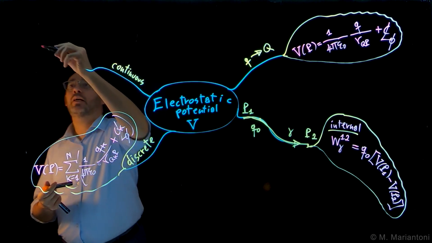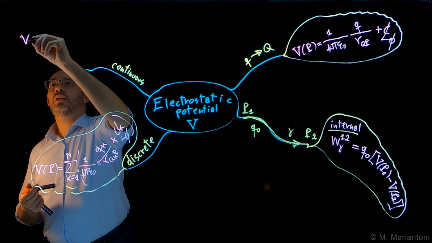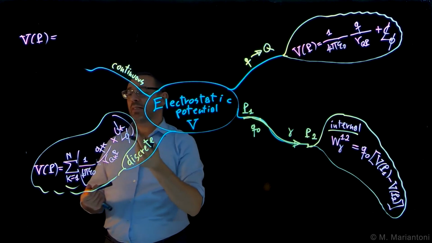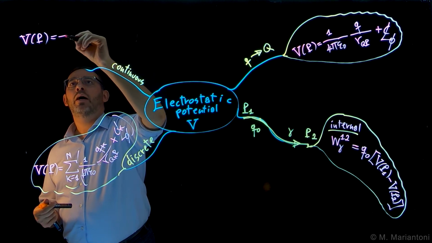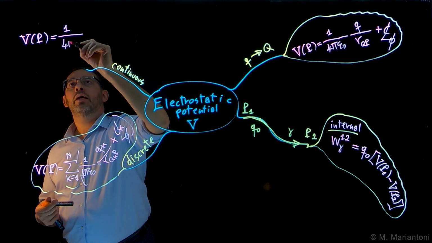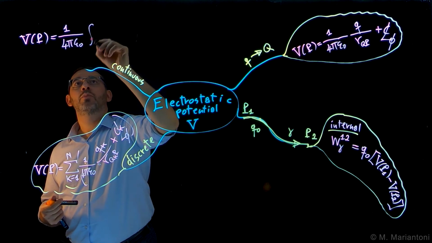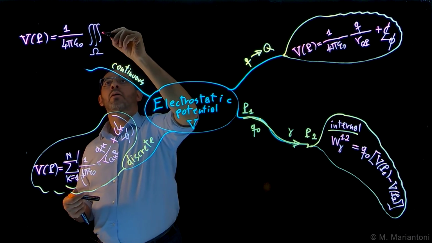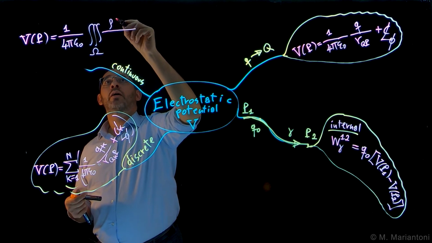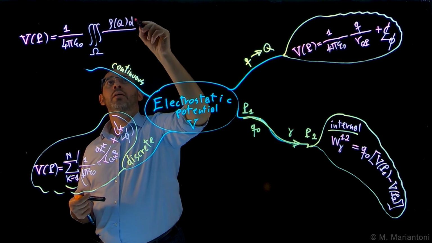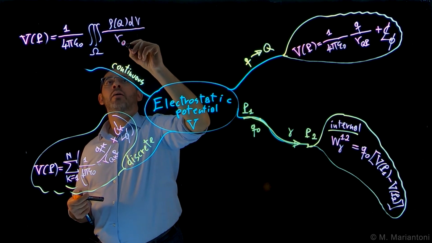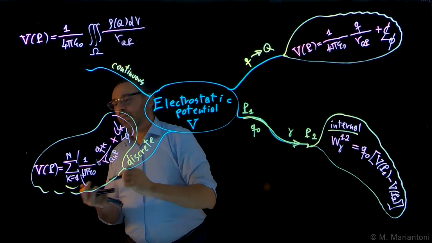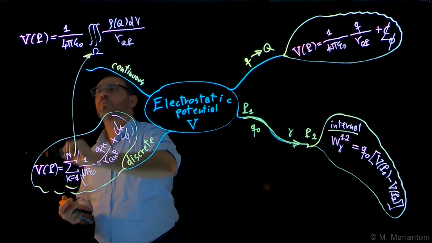Okay, and so we obtain that the electrostatic potential V at an observation point capital P, due to any infinitesimal charge dq, is given by 1 over 4 pi epsilon naught times the volume integral, where the charge is distributed in omega, of dq, which is rho at point capital Q dV, divided by RQP. We need to integrate this time. So we go from a sum to an integral. All right.